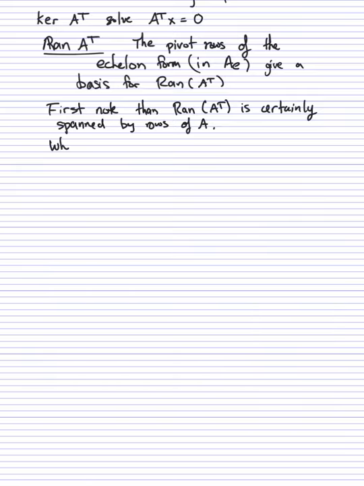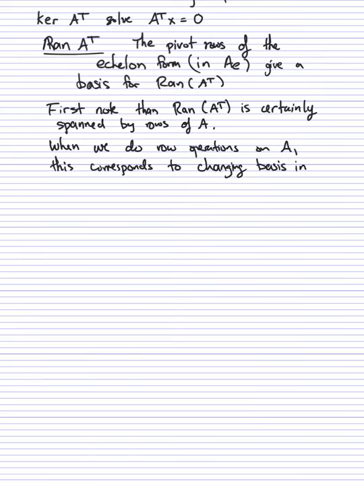Now when we do row operations on A, what does that correspond to? This corresponds to changing the basis in the domain of A transpose.